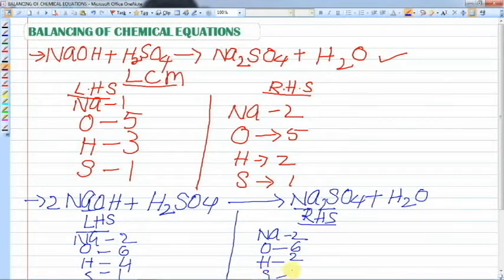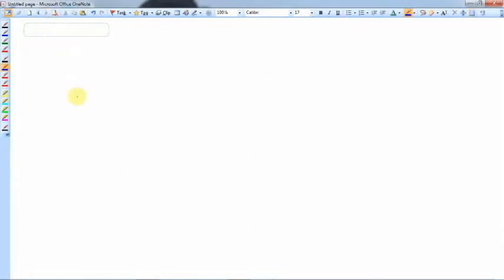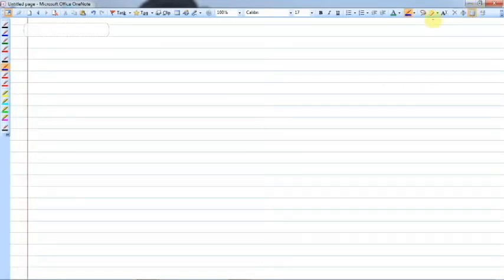See, sodiums are equated, oxygens are balanced, sulfurs are balanced, but hydrogens are not balanced. That's why we have to balance the hydrogen atoms now. So that is the third step. What's the third step here?